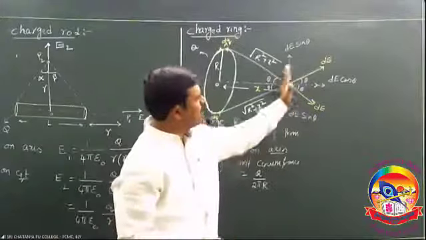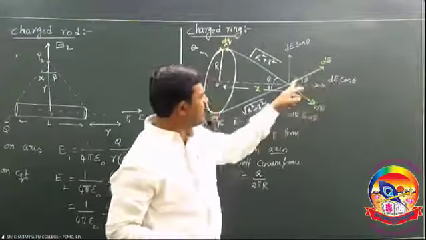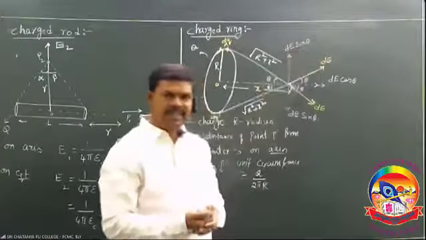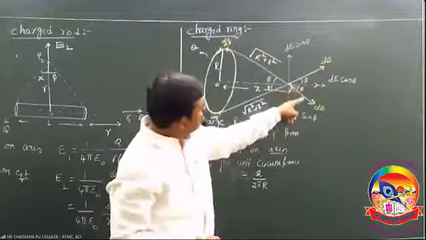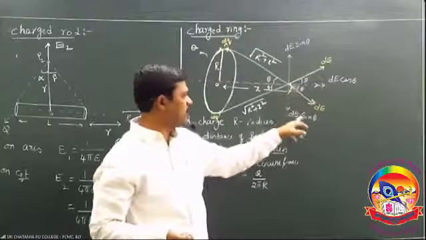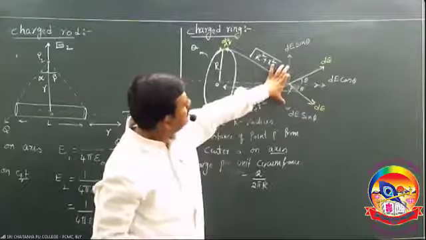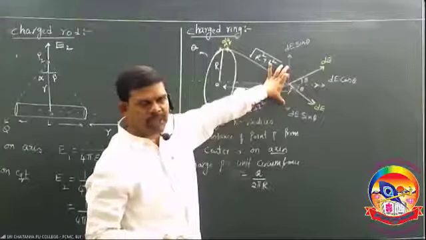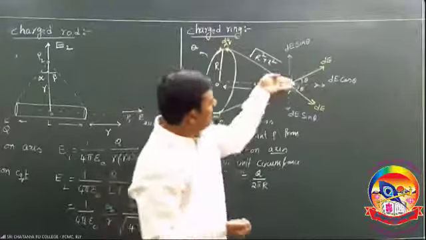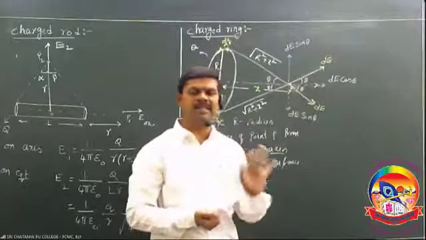If you observe the diagram, this dE has component along the axis dE cos theta and perpendicular to the axis dE sin theta. Observe these dE sin theta components. They are exactly opposite to each other, so they cancel out. Along the axis, which components are present? All cos theta components.